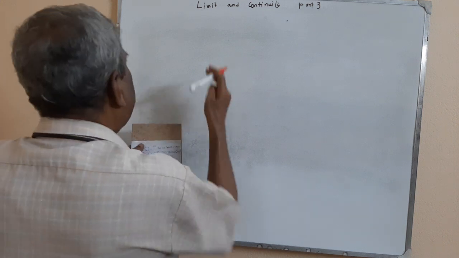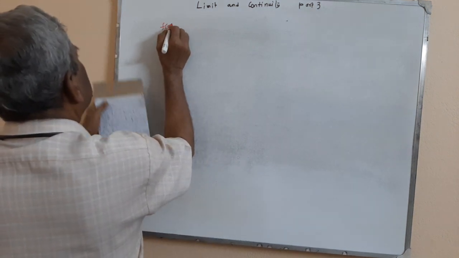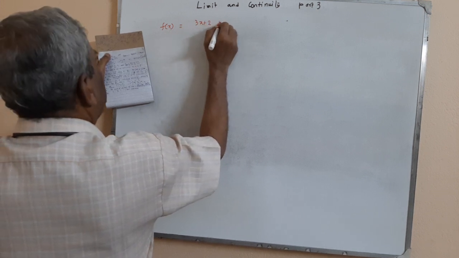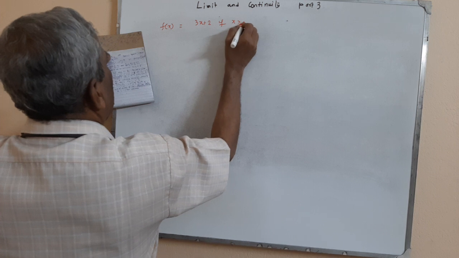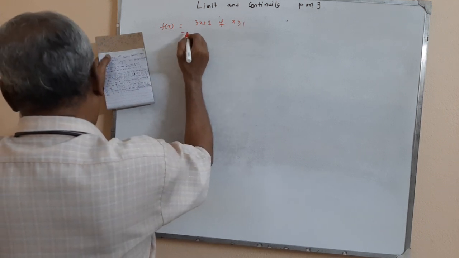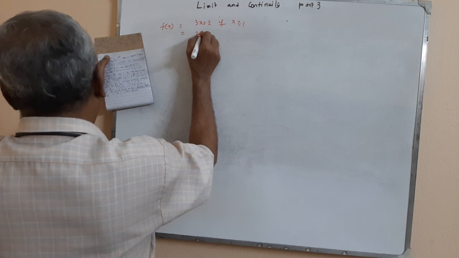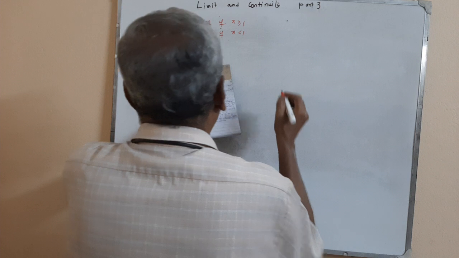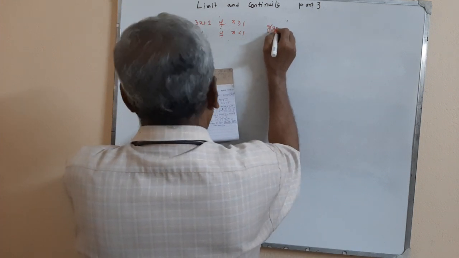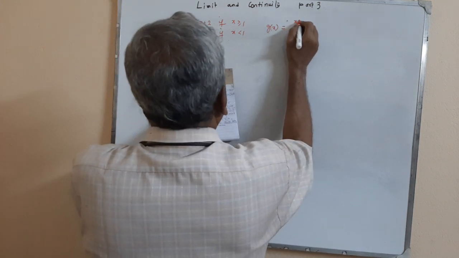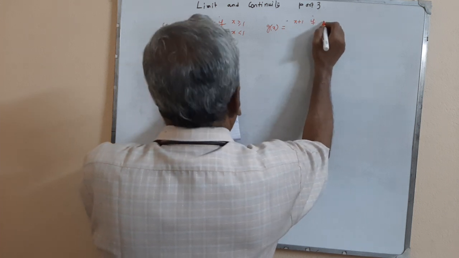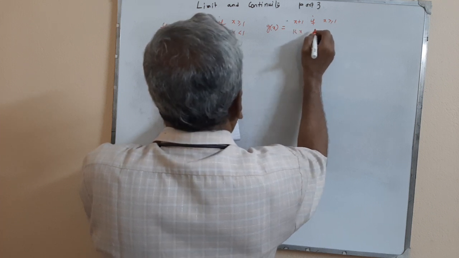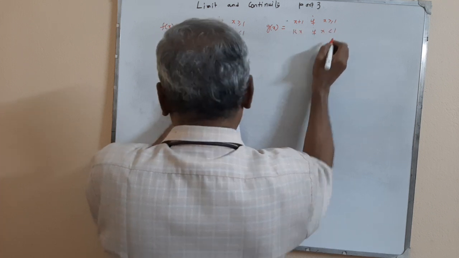If f(x) is equal to 3x plus 2 if x is greater than or equal to 1, and 2x if x is less than 1, and g(x), another function, defined as x plus 1 if x is greater than or equal to 1, and kx if x is less than 1.